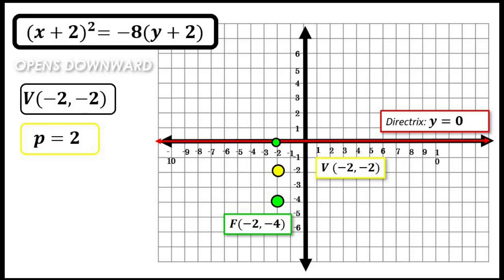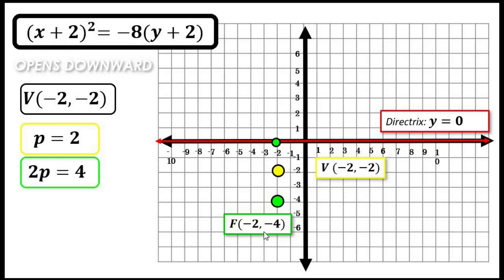After plotting the directrix, next are the endpoints of the latus rectum, and we need again a certain measurement, which is 2p. So 2p will be equal to 4 because 2 times the value of p, which is 2, is equal to 4. Therefore, to plot the endpoints of the latus rectum, we are going to move 4 units. Since it's a parabola that opens downward, the movement will be to the left and to the right, starting from the focus.